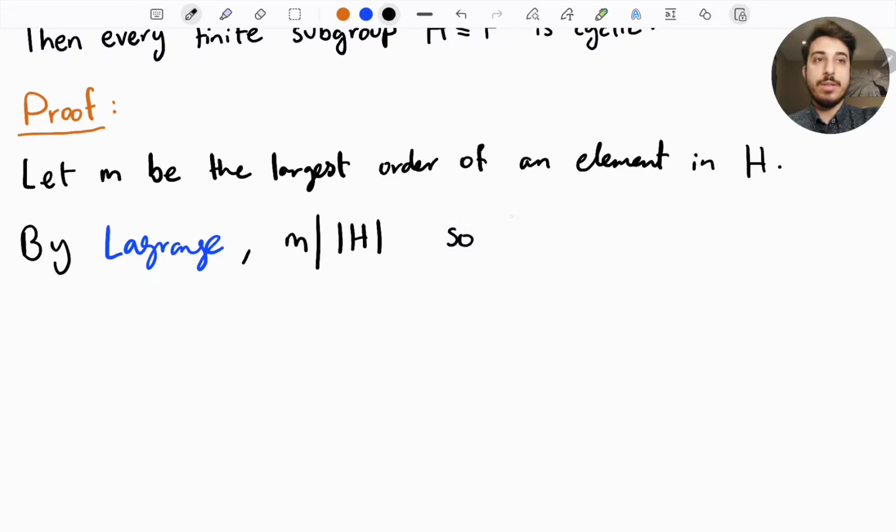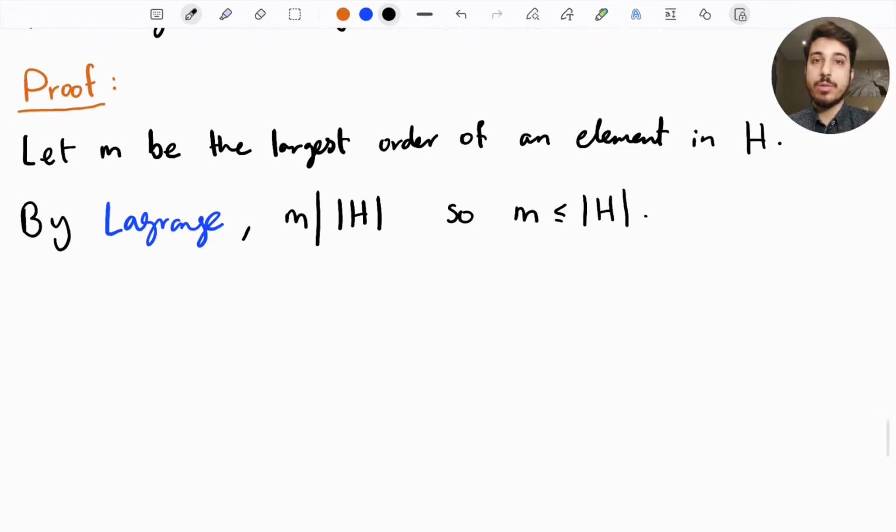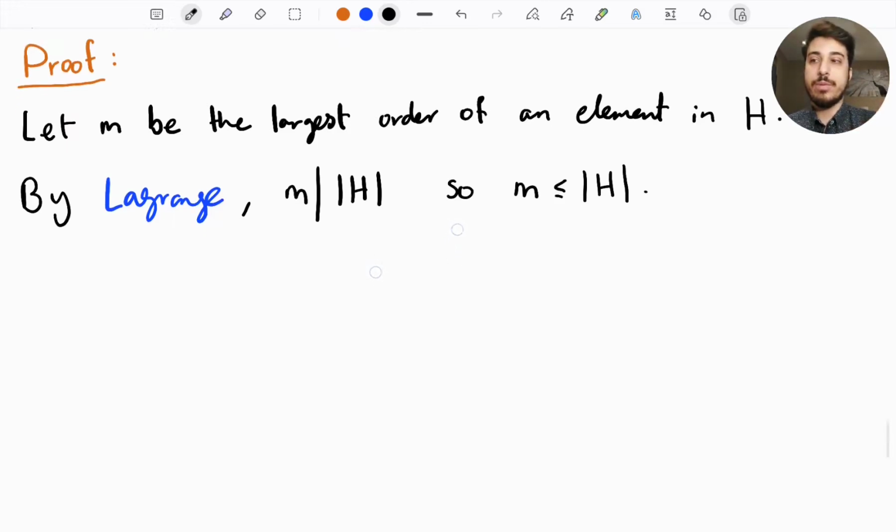So, because it divides it, it has to be at most the order of the group. We just proved that M is at most this order. We now want to prove that M is at least this order, thereby proving that M is equal to the order of the group. So the order of the group is equal to the order of an element, and the group is cyclic. That is the plan of the proof.